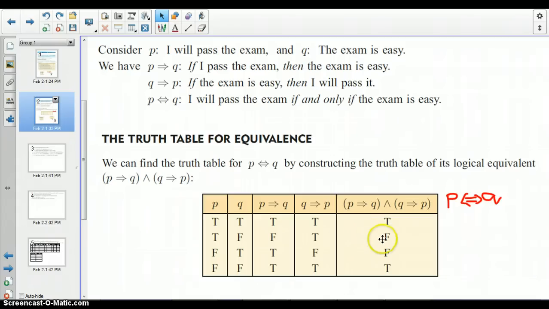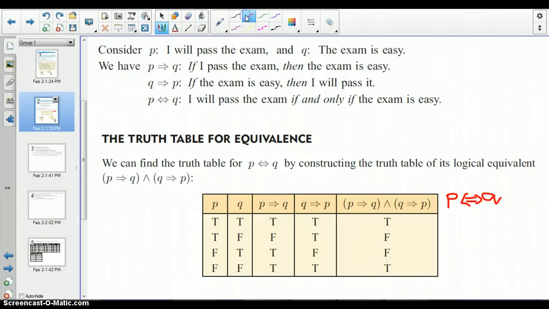In this situation, the conjunction of the two implications is false because not both implications were true. Same situation here: one implication is true, the other is false, so our conjunction is false. In the bottom scenario, both implications are true, so our conjunction is true.